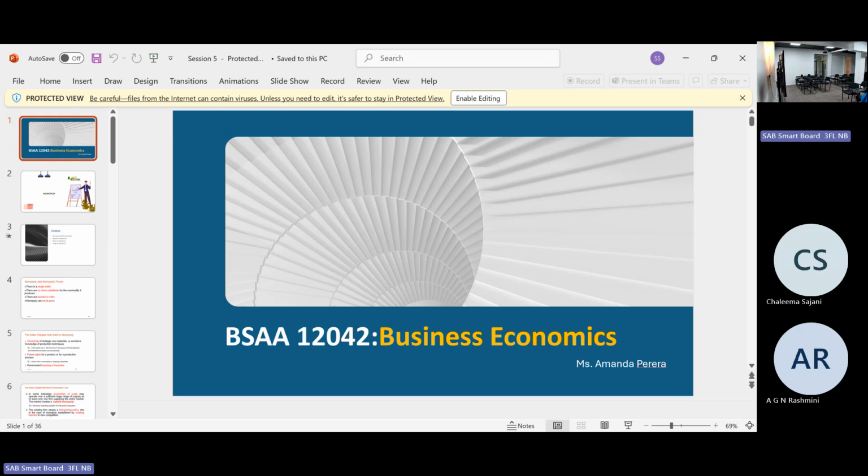If you take communication, you will say there are many sellers who sell the SIM, and the SIM sellers are monopolistic competition. But if we take the industry, we have very few firms: Mobitel, Dialog, Airtel, Hutch. So we have three, four or five firms, limited.